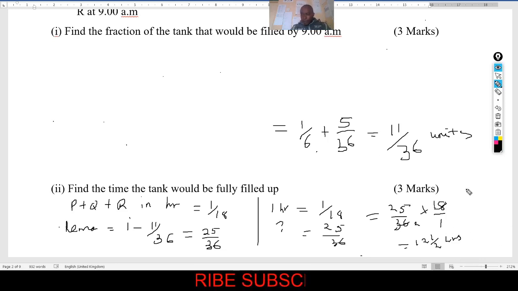So the time it will fill: remember, the time it was opened is 9:00, plus 12 hours and 30 minutes.